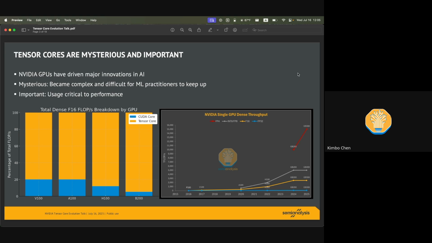As we see in the graph on the left, which is the breakdown of the throughput by GPU, tensor core compute FLOPS are basically most of the whole GPU. For example, for B200s, over 90% is coming from tensor cores. It's important to understand how they work and to use them properly to squeeze the most performance out of NVIDIA GPUs.